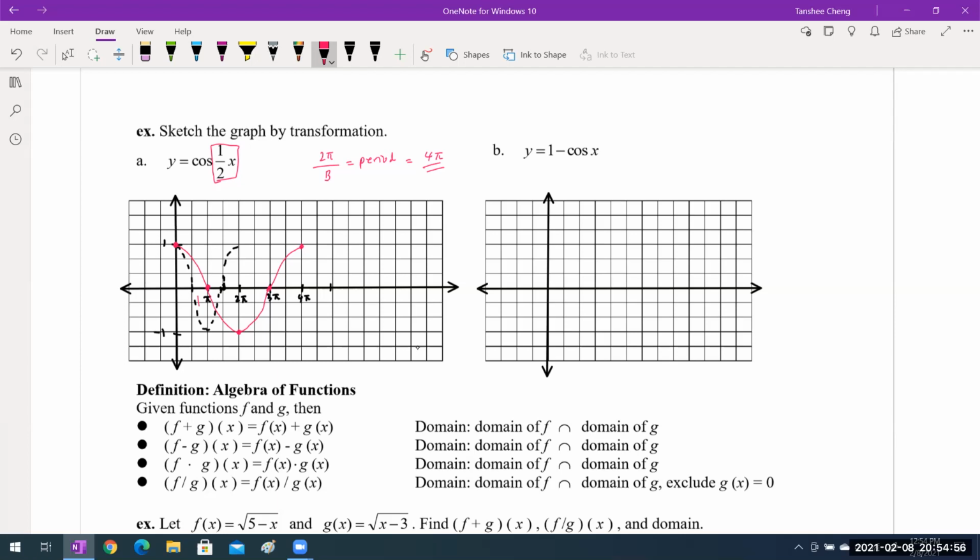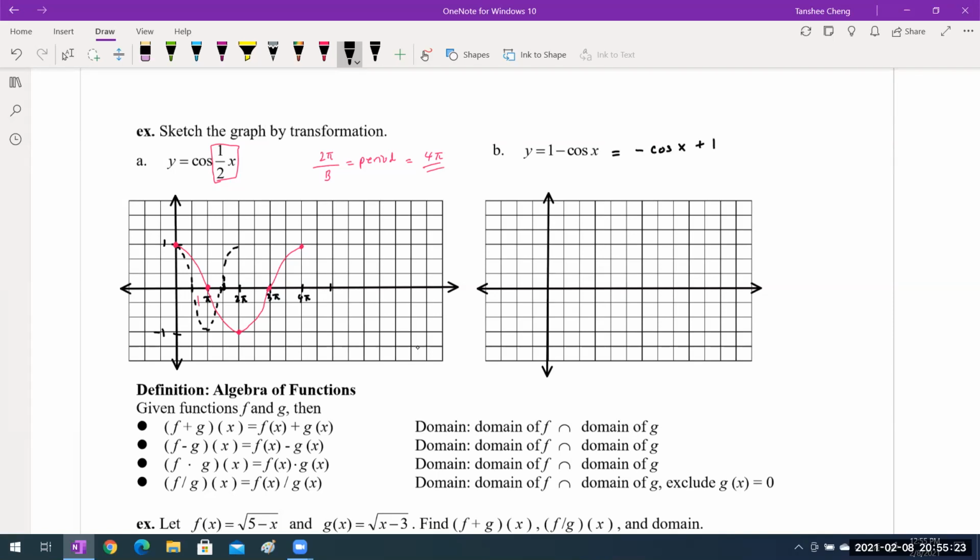So that's the review on trigonometry. Okay. Next example is y equals 1 minus cosine x. If you are okay with this, that's fine. If you want to be more clear, try to rewrite it in this format: negative cosine x plus 1.